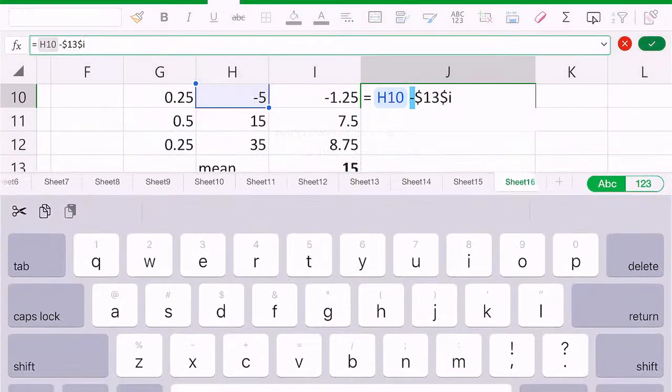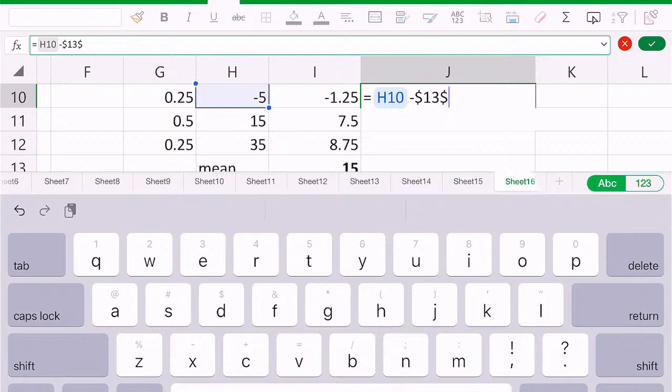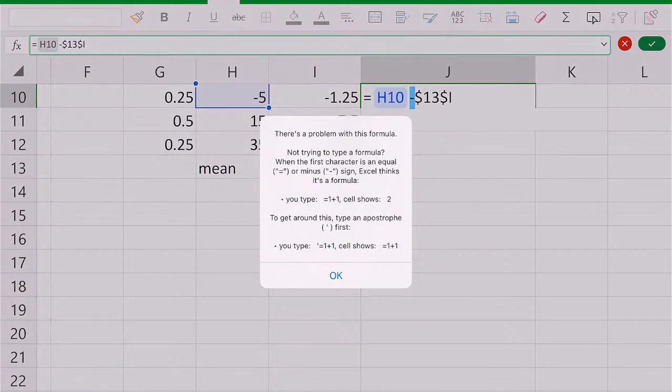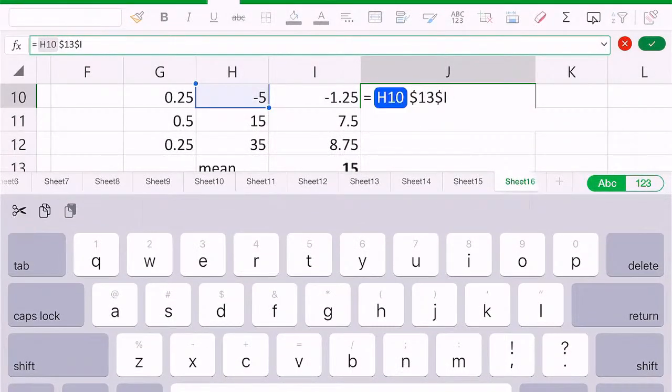It's going to be 13i, so let me put that in. What did I do wrong? That's not a minus. There's a problem with this one. I'm not trying to type a formula. What is going on?